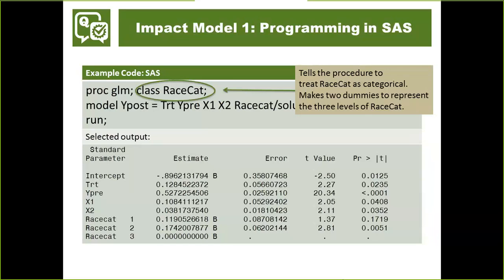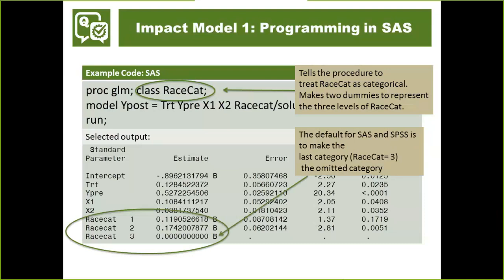The default for SAS and for SPSS is to make the last category of race, in this example, racecat equal 3, the omitted category. Note that even though the model has 2 dummies to represent the 3 categories of racecat, SAS shows 3 dummies in the output, but the last dummy has an estimate equal to 0.000 and missing values for the standard error, t-value, and p-value.